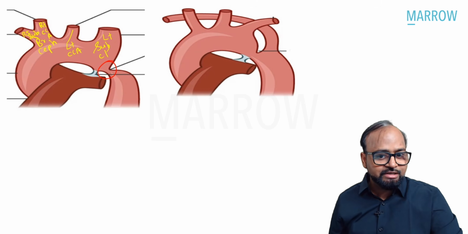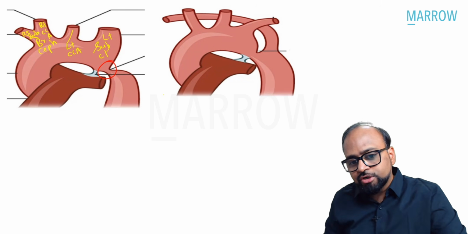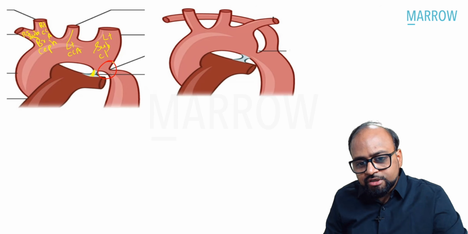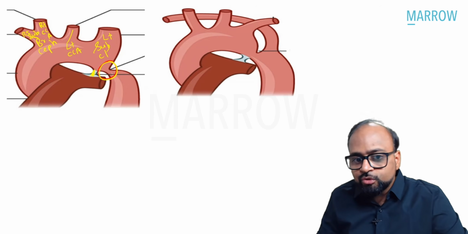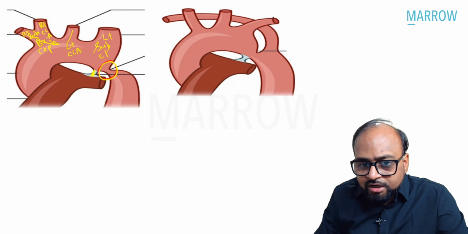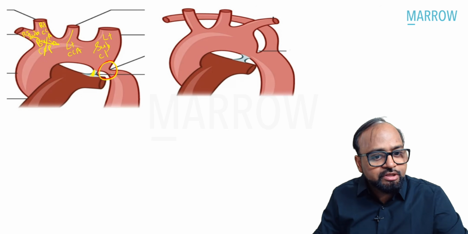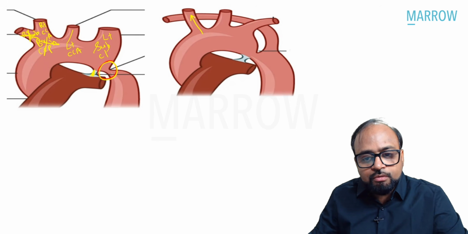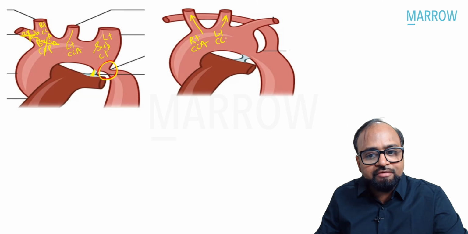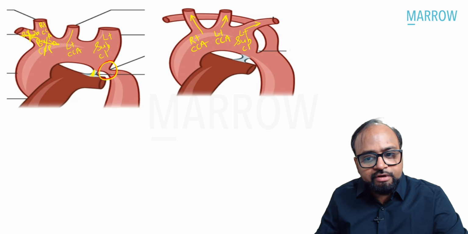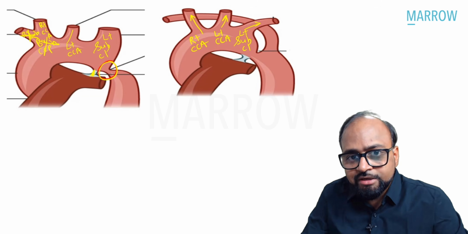And we had discussed that the most common site of coarctation, that is aortic narrowing, is postductal, distal to the ductus arteriosus. So this is the narrowing. There was a particular situation there we had discussed where I told you that the brachiocephalic artery is absent, the right subclavian artery therefore is absent, and the first branch that arises from the aortic arch is the right common carotid artery, followed by the usual branches left common carotid artery and the left subclavian artery, but the right upper limb has to be supplied blood, isn't it?